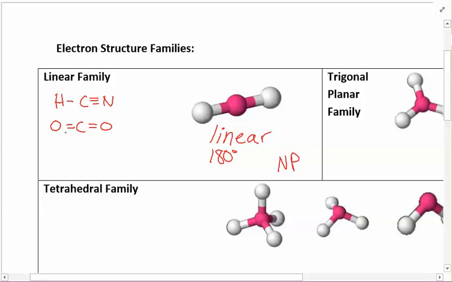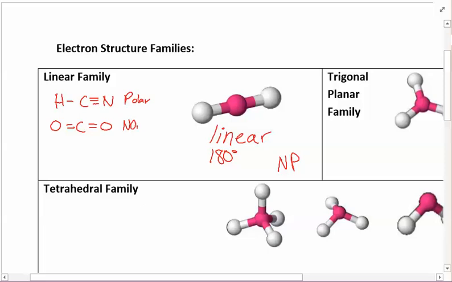Carbon dioxide here would be nonpolar because it has the exact same thing bonded on either side, while this top one, hydrogen cyanide, would be polar because of the difference in electron distribution from the nitrogen, which has a triple bond, versus the hydrogen. So this would be a polar example of a linear substance.